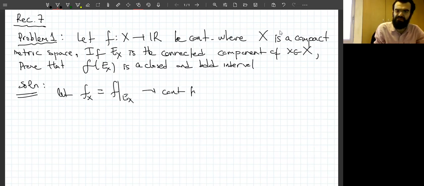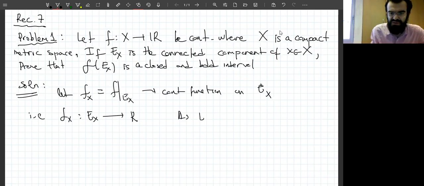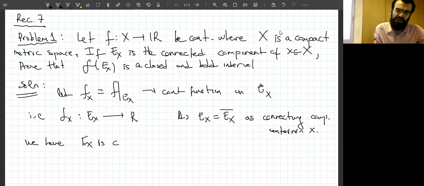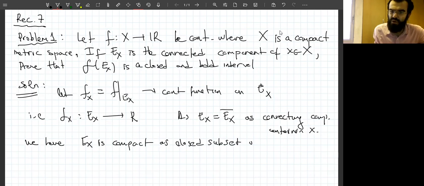Clearly this is a continuous function on E_x, i.e. we have f restricted to E_x mapping to R. As E_x, a connected component containing x, is closed, in fact, we have E_x is compact as a closed subset of the compact set X.